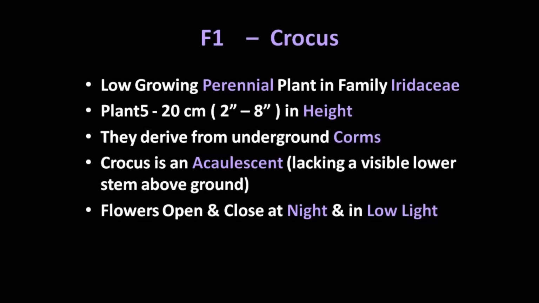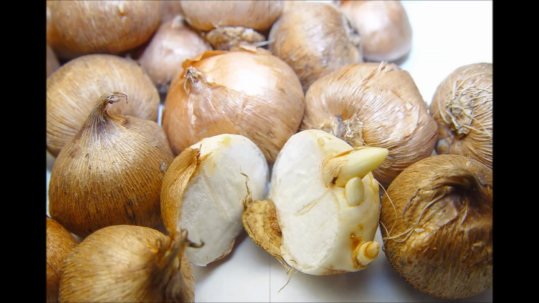The plants grow between 5 and 20 centimetres, 2 to 8 inches in height, and they derive from underground corms. The crocus is acaulescent, meaning it lacks a visible stem above the ground, and the flowers open and close at night or in low light.